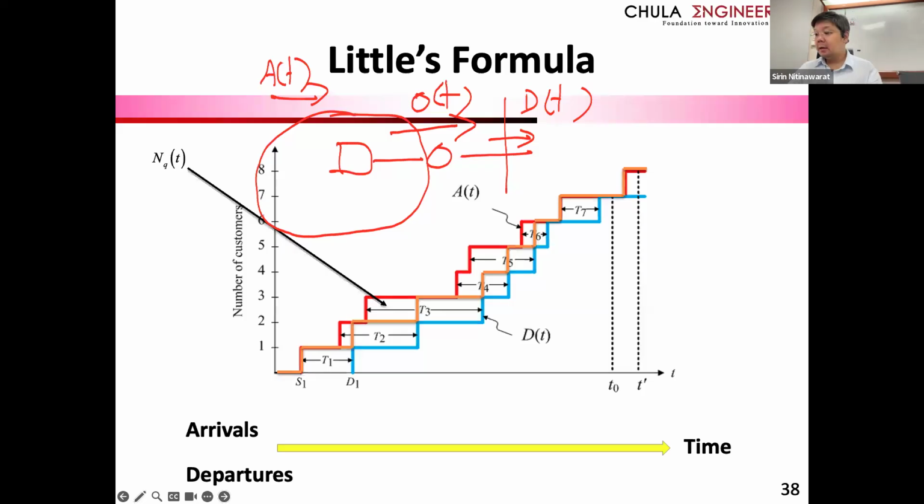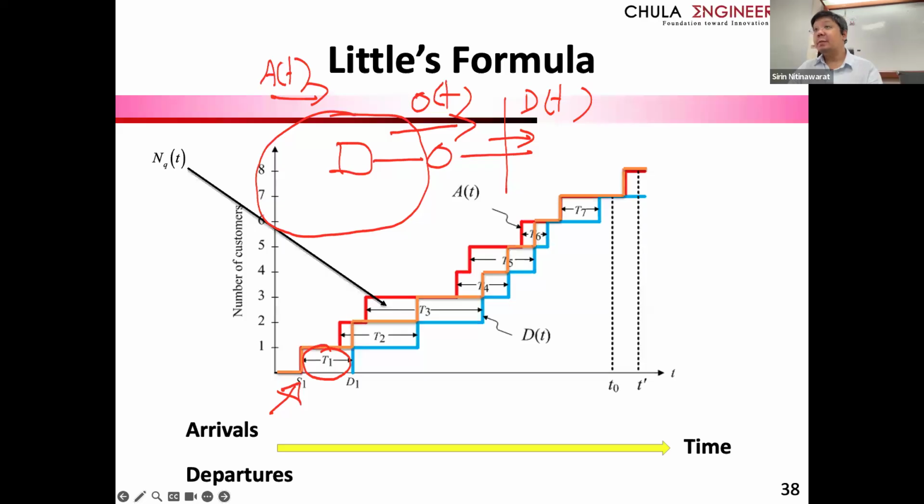So you can see for the first customer, since the system starts off empty, when he comes in, he doesn't have to wait at all. He is going to be served directly. That's why you see the orange curve incrementing right away, and this whole thing is the entire service time for the first customer.